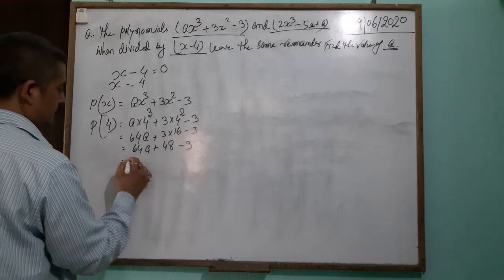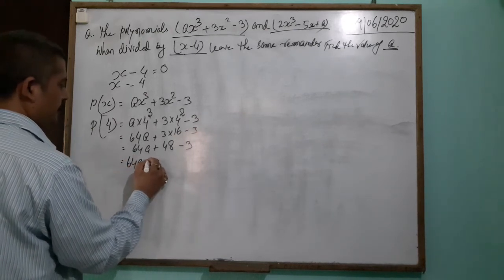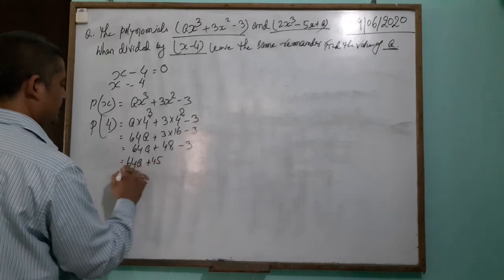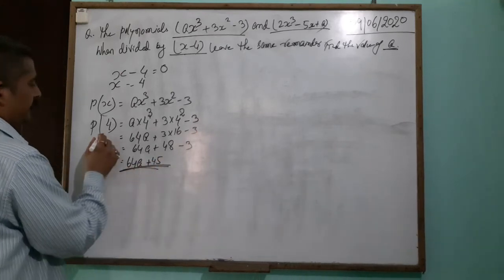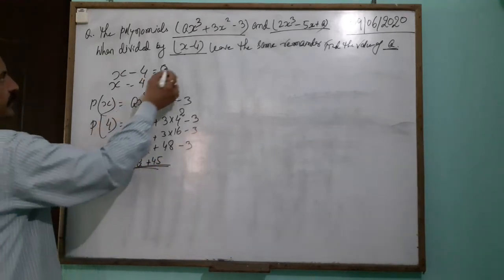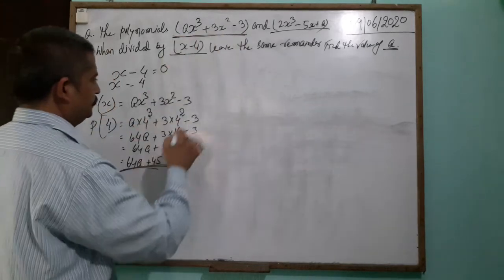So 64a plus 45. We get the remainder when we put the value 4 in that given expression.